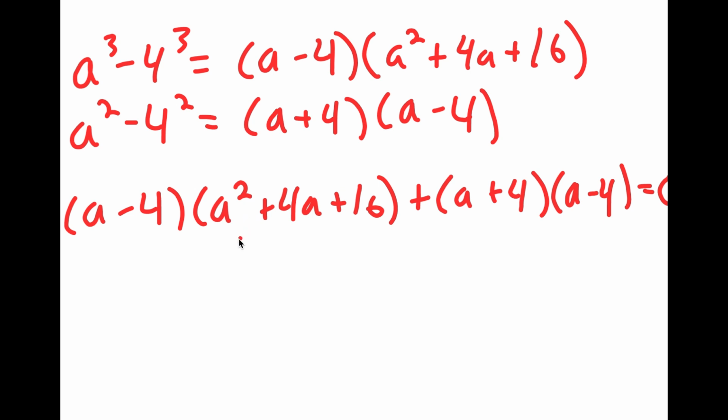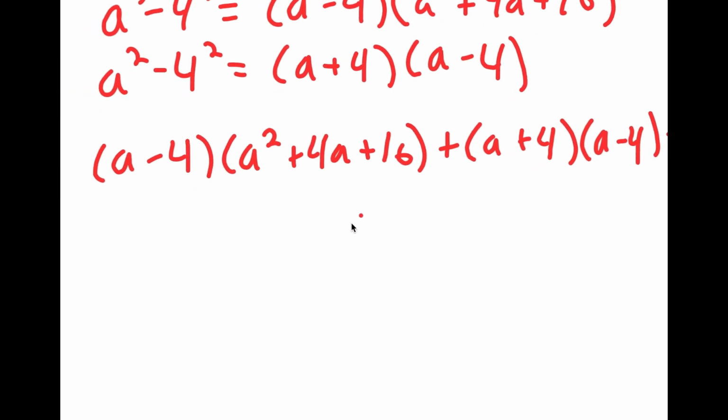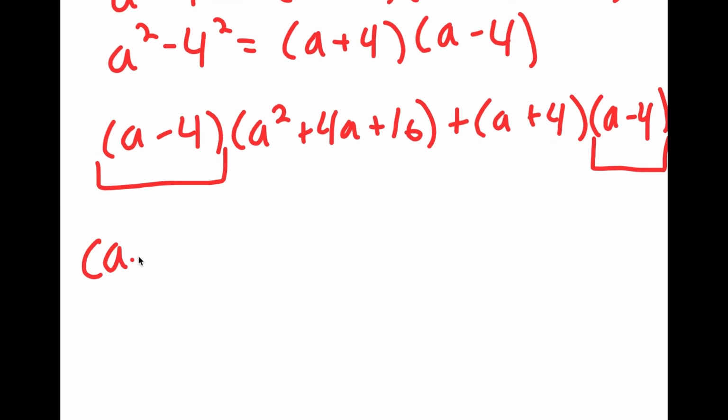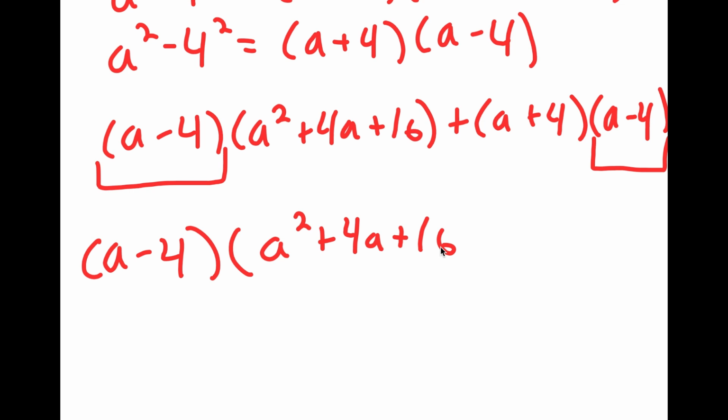So there obviously is a lot to this equation, but we can actually simplify this by factoring out the greatest common factor. Notice how both of these terms have a minus 4 in them. So if I factor out a minus 4, I get a minus 4 times a squared plus 4a plus 16 plus a plus 4.